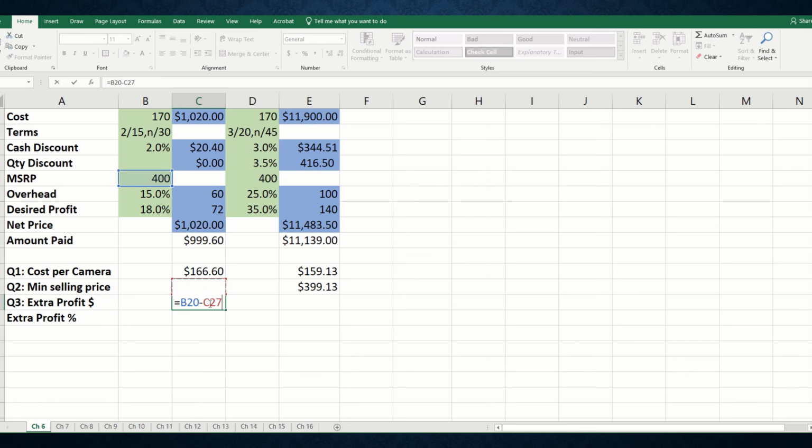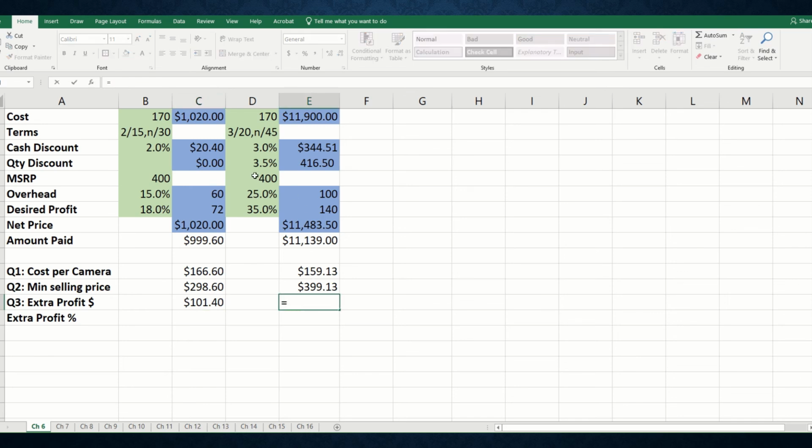So the extra profit is based upon, not their minimum selling price, they're not going to sell it at that. They're going to sell it at their $400, not that $296. So we'll just select that. So they're going to make extra profit of $101.40. The same for Staples.